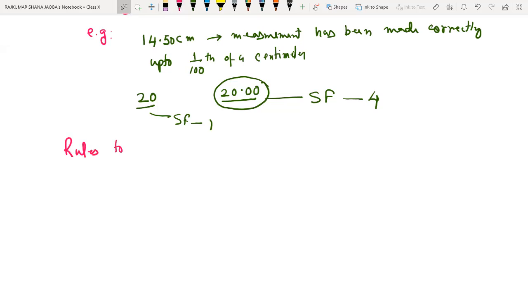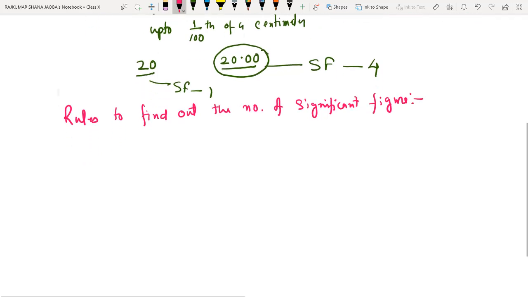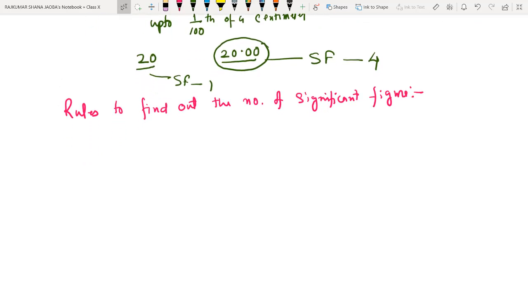Rules to find out the number of significant figures.